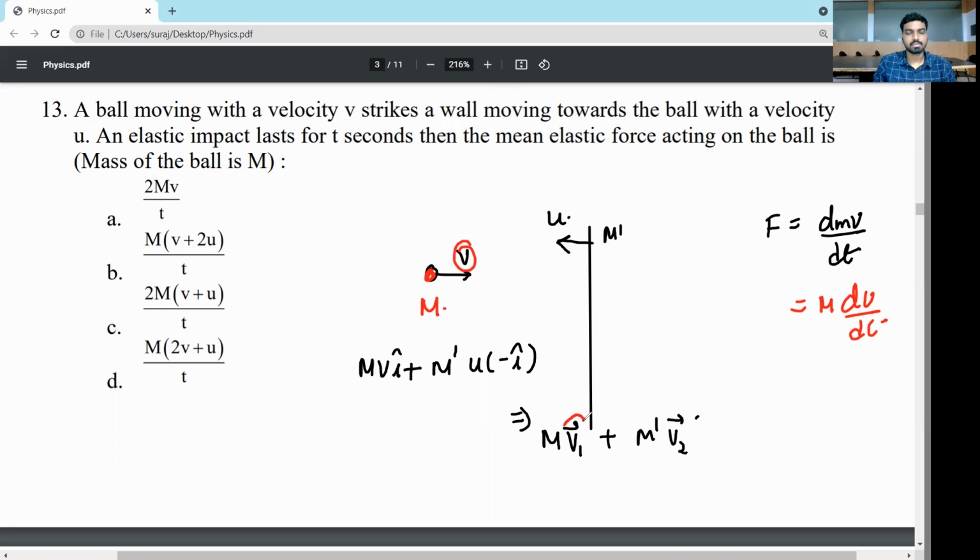I need to find V1 vector. Initial velocity is V, this is U. I need to find V1 and V2. How to find? Kinetic energy is conserved, or else you can find V1 using the formula, where this is V1, this is V2, with M1 plus M2 in the denominator.